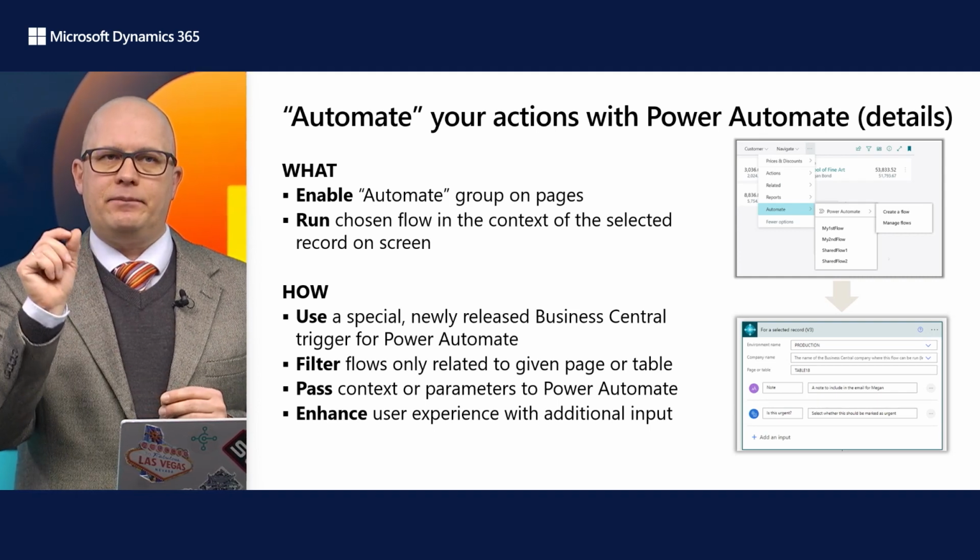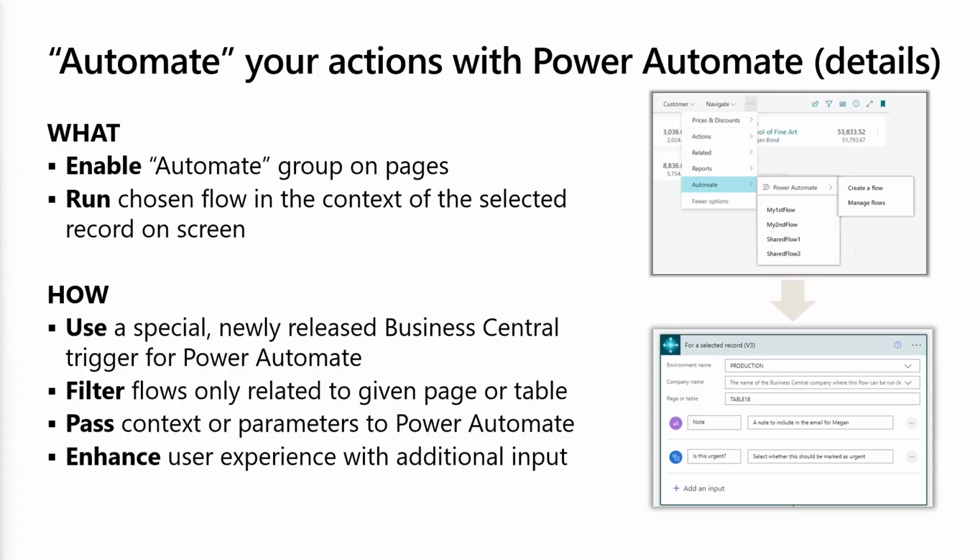Then you can filter those flows, as the trigger has some additional filtering capabilities, as you can see here on the screenshot. You can add an environment name or company or even a page ID or table ID, and this way link that flow to your specific page or table.